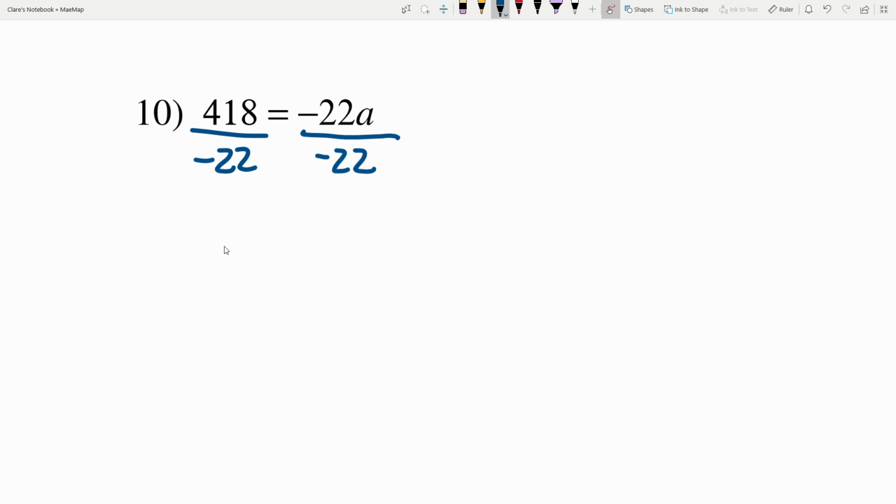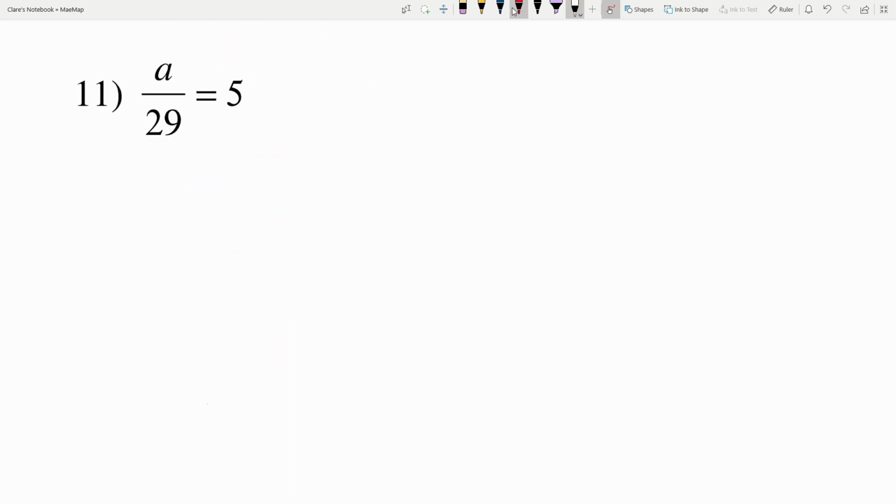A positive divided by a negative is going to result in a negative. So 418 divided by 22 is going to give me 19. So negative 19 is going to be equal to negative 22 times a divided by negative 22 is going to be 1a, or 1 times a. So negative 19 equals a.